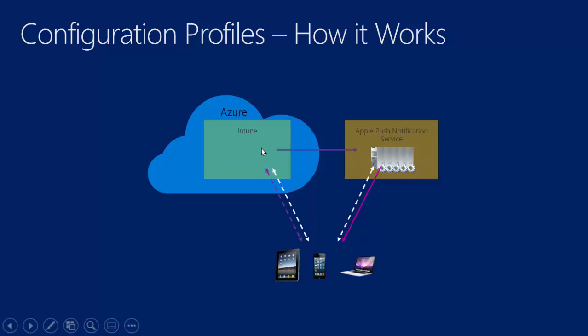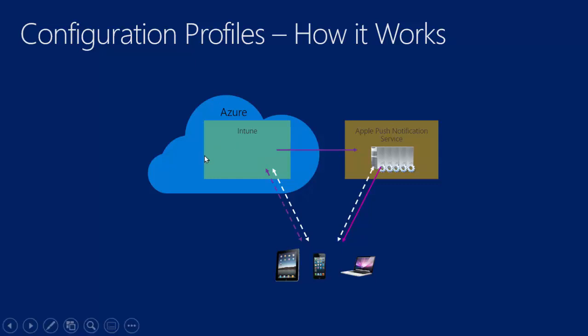When you, as the Intune administrator, create a configuration profile, or really most anything, there are some exceptions, but the vast majority of things that you would create in the Intune console and assign to a device, what would happen is, since we know that the configuration is assigned to a device, then that device needs to implement it.